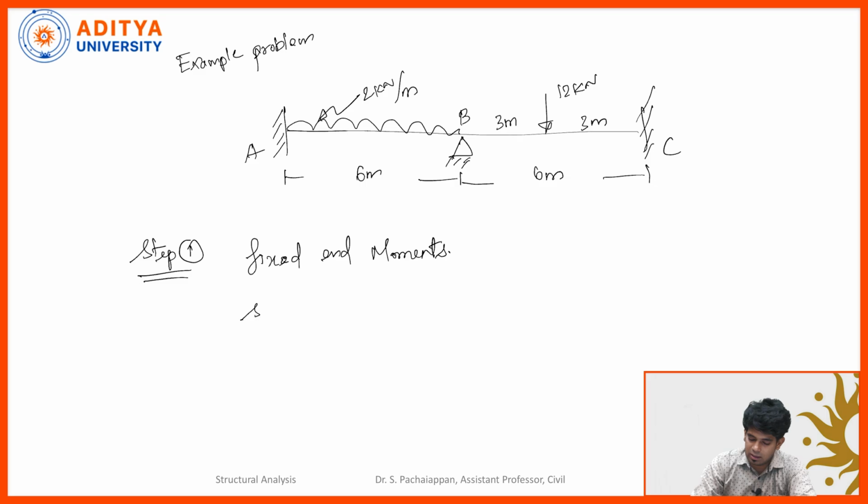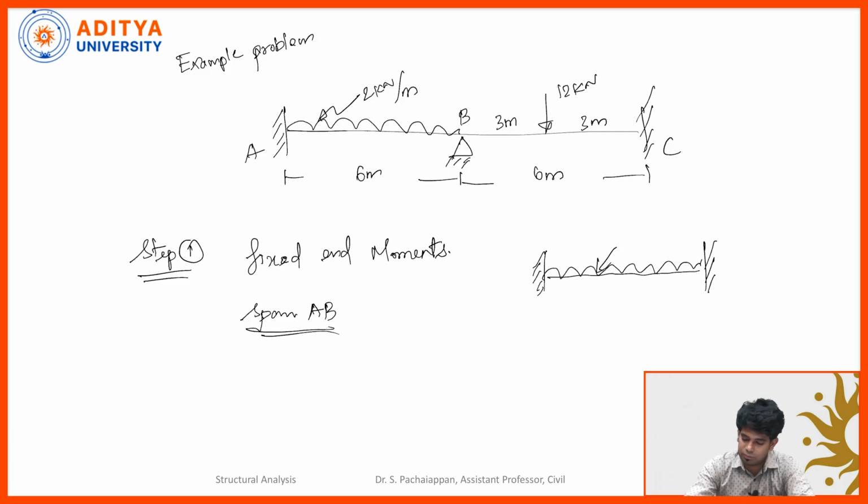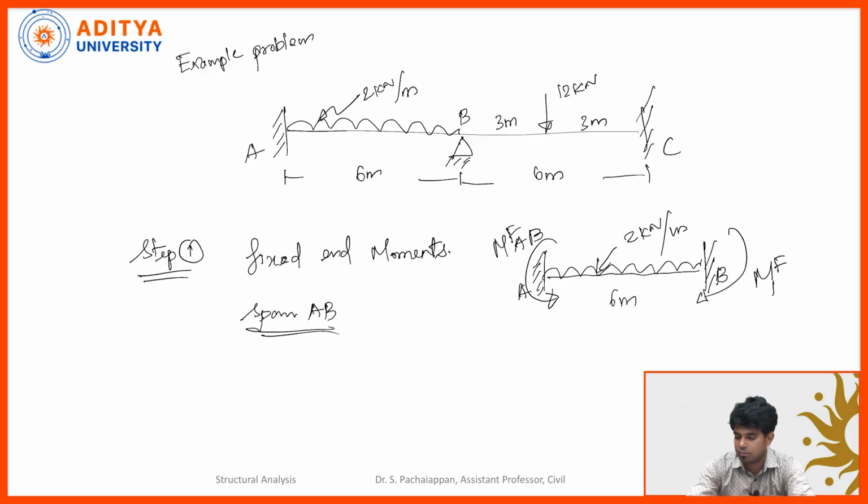So I will take span AB alone and draw the free body diagram, which has the UDL throughout the span of 2 kilonewton per meter and span 6 meters, with supports A and B. Here we have the fixed end moment MFAB, and here the fixed end moment MFBA.